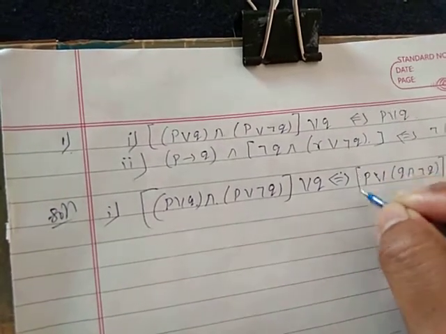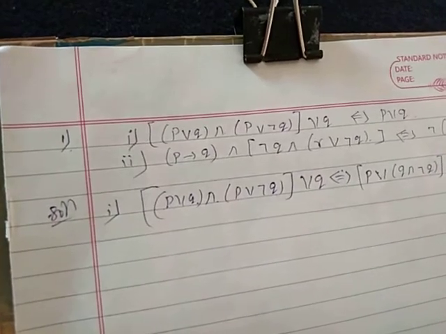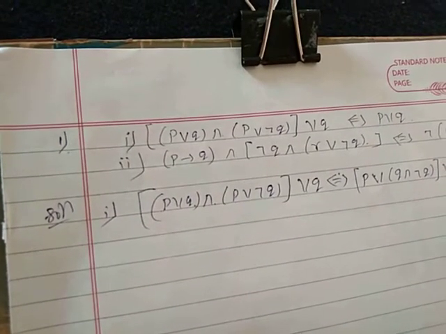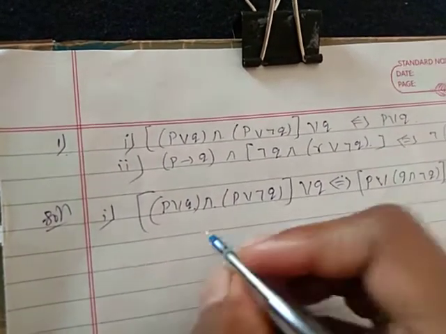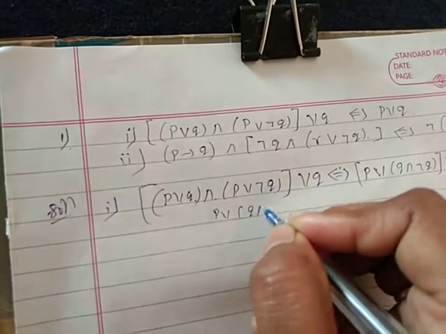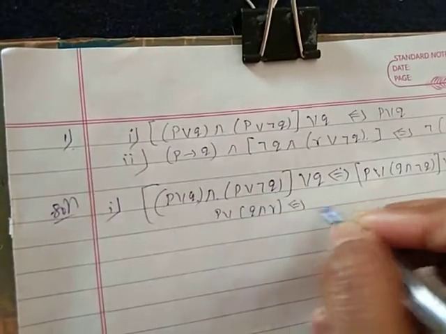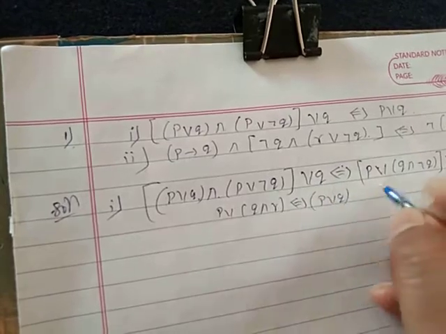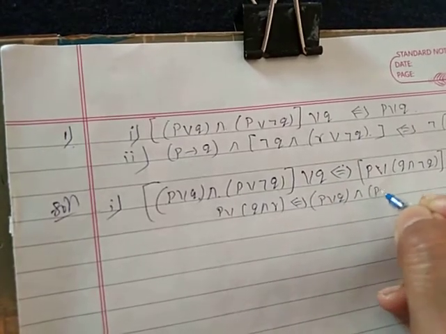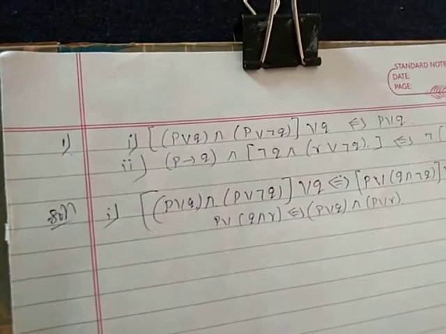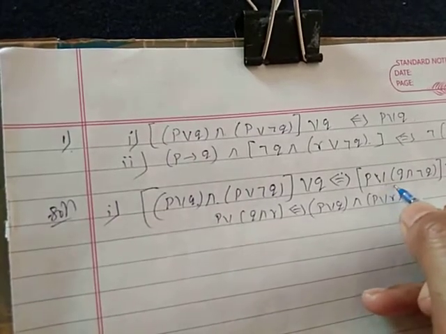That is the distributive law. A distributive law states that P or (Q and R) is equivalent to (P or Q) and (P or R). The same law is applied here.